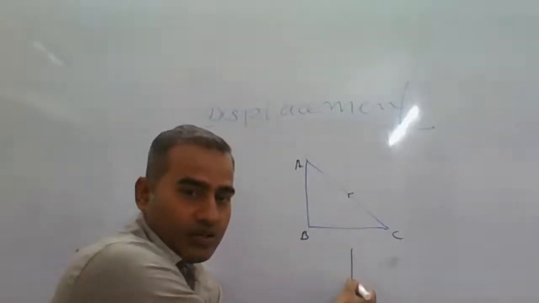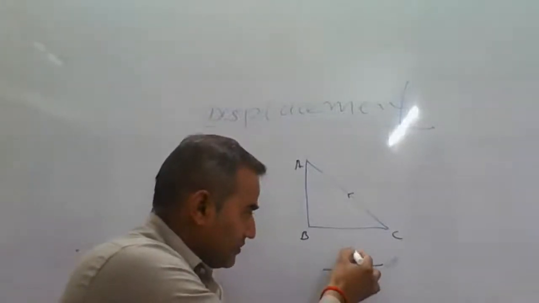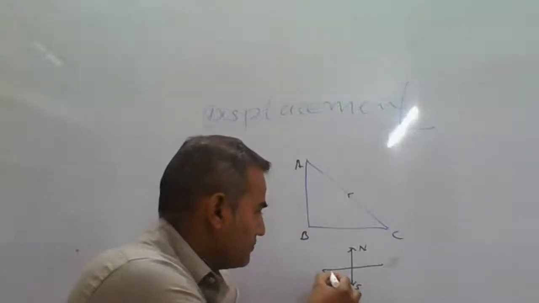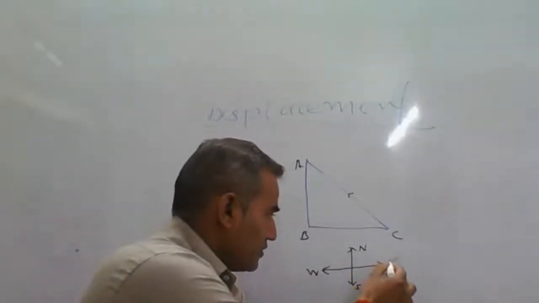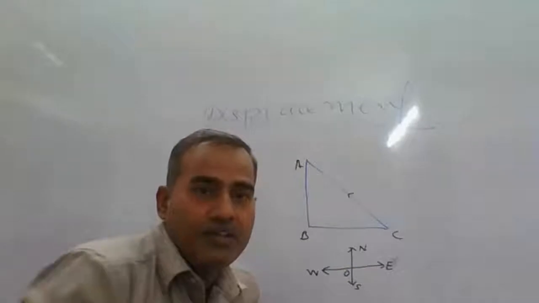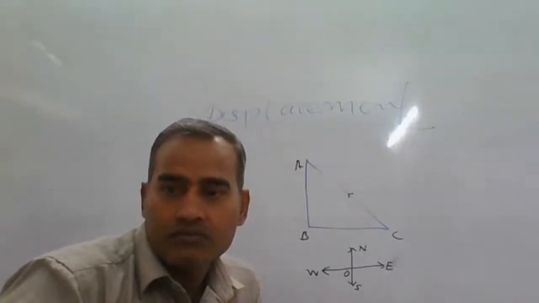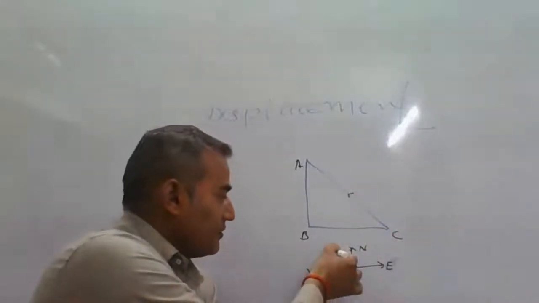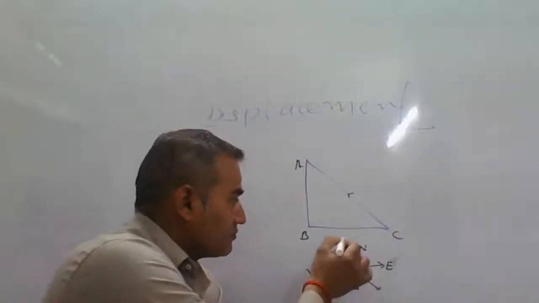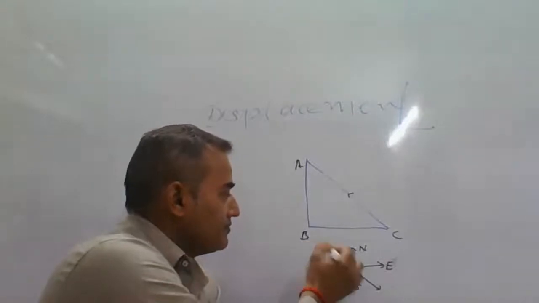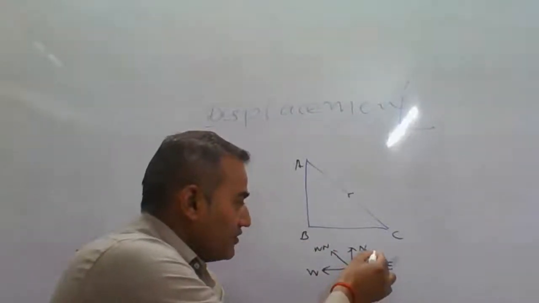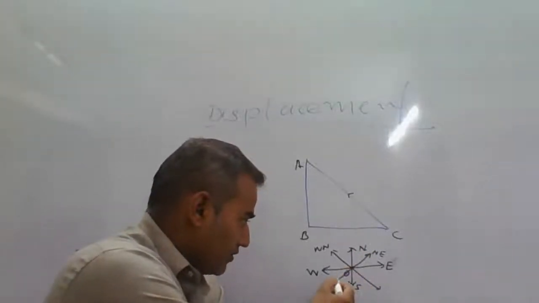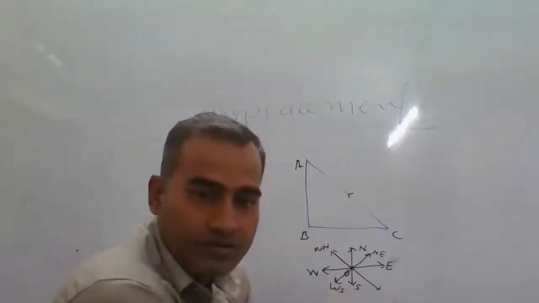The directions are north, south, west, east, origin. Here AC has a specific direction, north-west, and this direction is termed as north-east, and this is south-west and south-east.